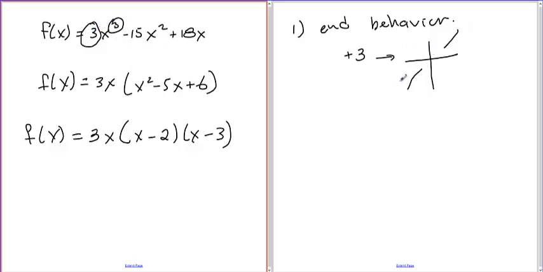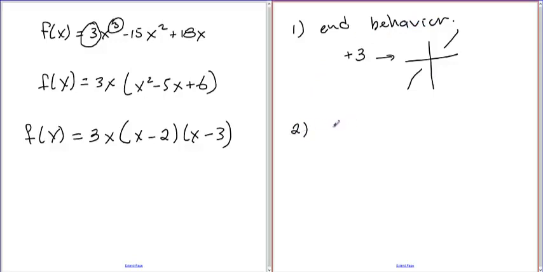It's positive, so it's going to start here at negative infinity in the y direction, and it's going to come up. We're going to do some things in the middle here, and then at the other end it'll go up. If this was negative 3, then it would go the other way. If it was an even highest order term, then we would have them both going up or both going down. We'll come back to that, but that's what you mean by end behavior.